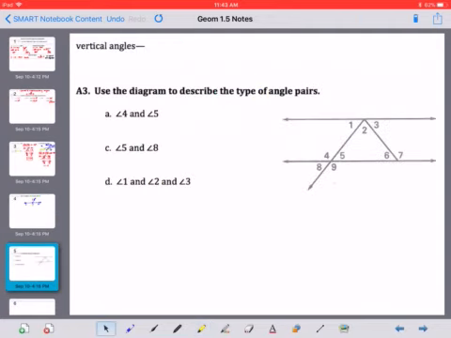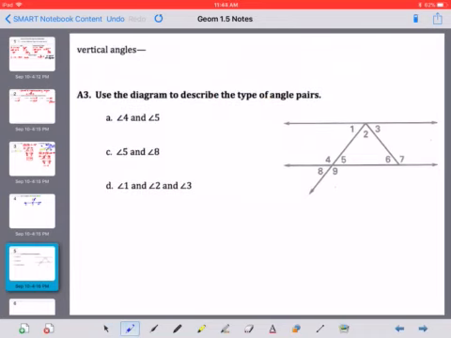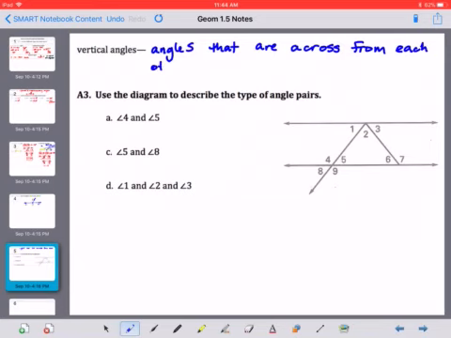All right, another term for you today is vertical angles. We'll be using vertical angles quite a bit throughout this course, so let's give it a definition and do a little practice with those. Vertical angles are angles that are across from each other when two lines cross.